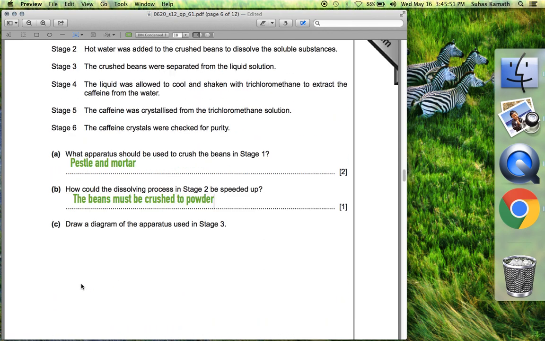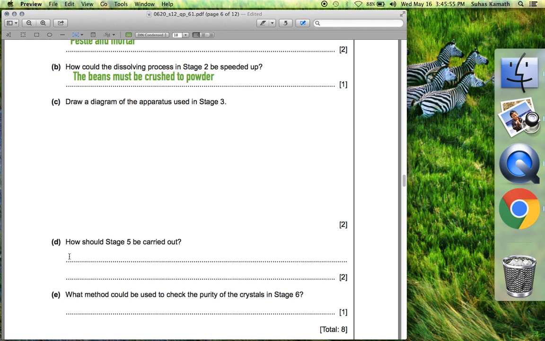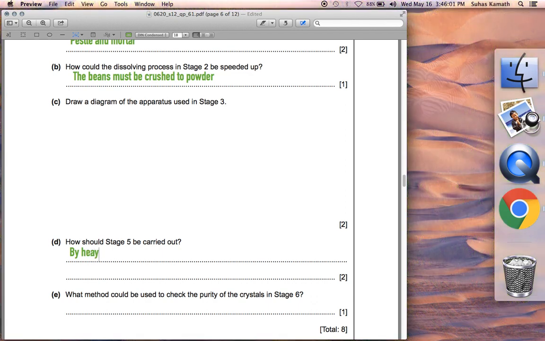How should stage 5 be carried out? By heating the solution for a few minutes.